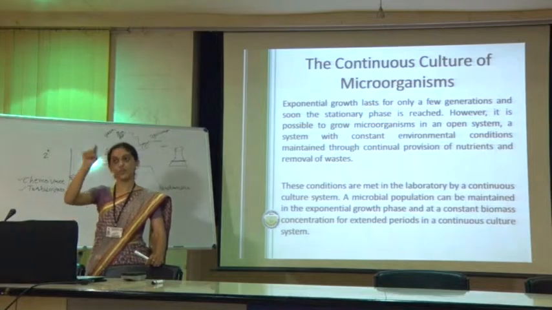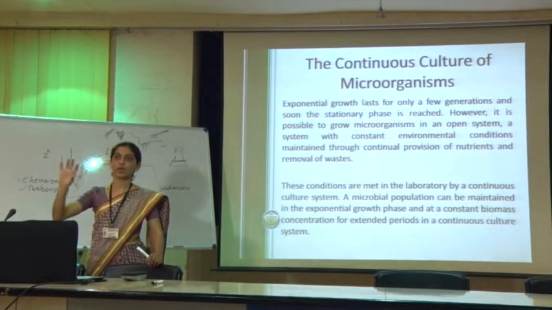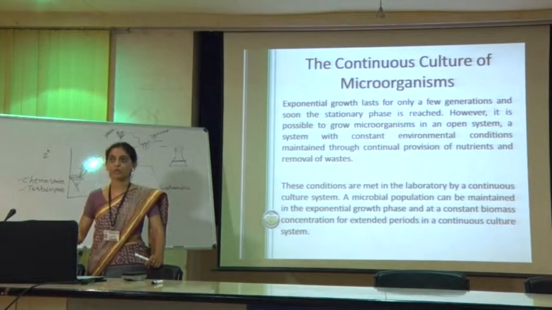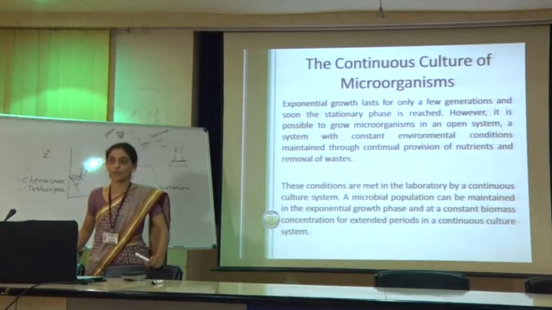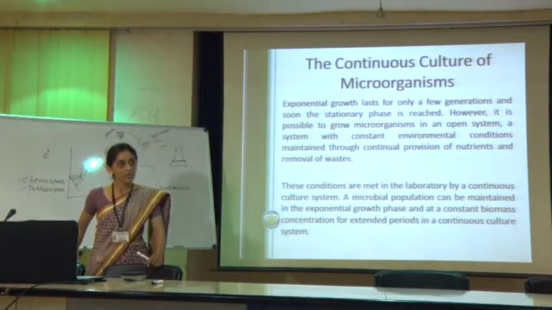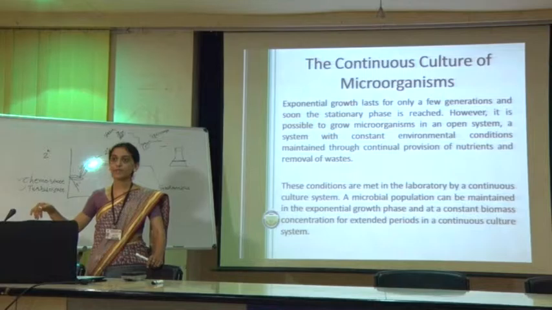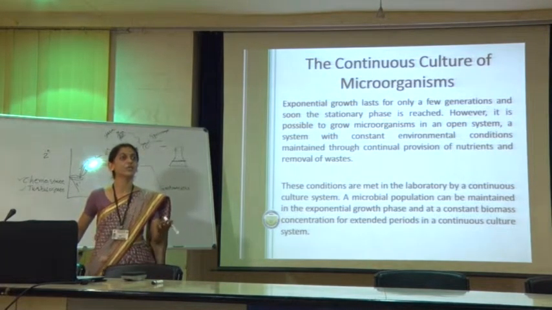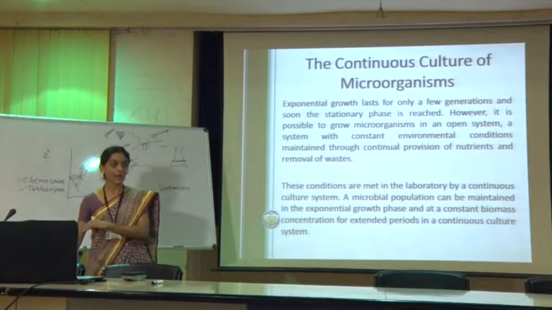The product will interfere with your production, or it will affect the activity of the organism. So you need to do two things together: addition of substrate and removal of waste, or removal of byproducts. In certain cases, organisms also produce certain byproducts.